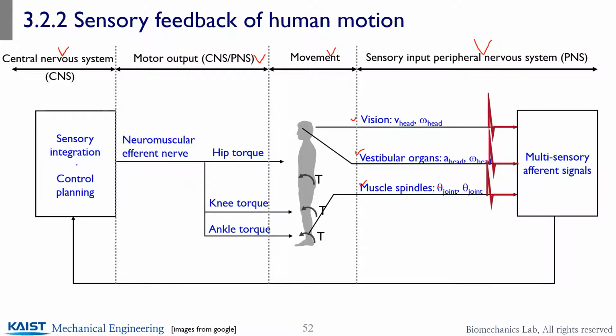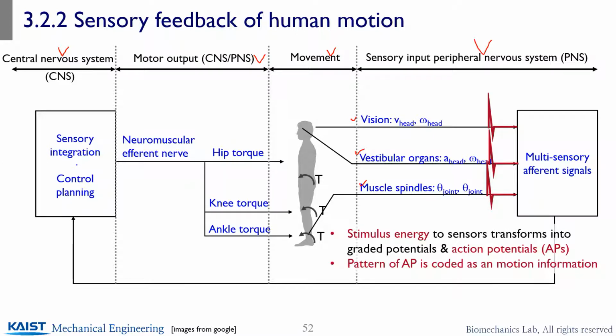Note that all those stimuli, like visual, vestibular, head movements, or muscle and joint angle movements, are eventually transferred as an electrical pulse called the action potential. Depending on the energy intensity, the action potential frequency might vary. By having those different action potential profiles, our brain makes a judgment about how our body moves in the environment.